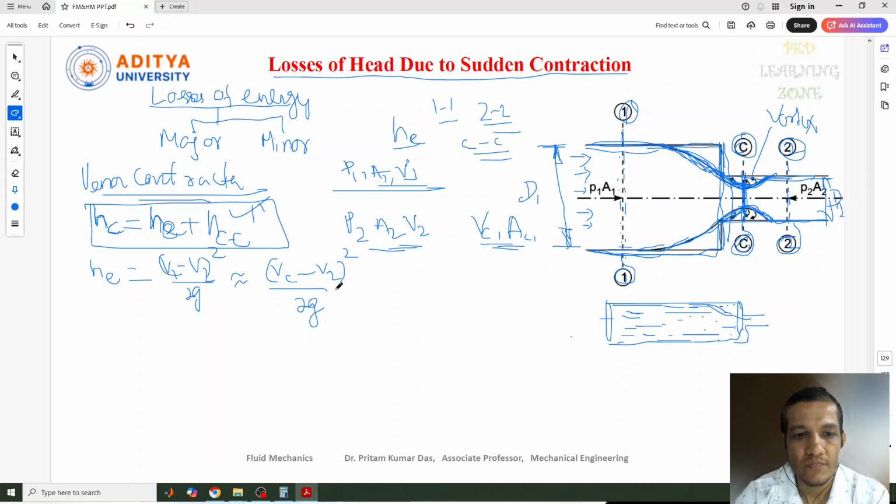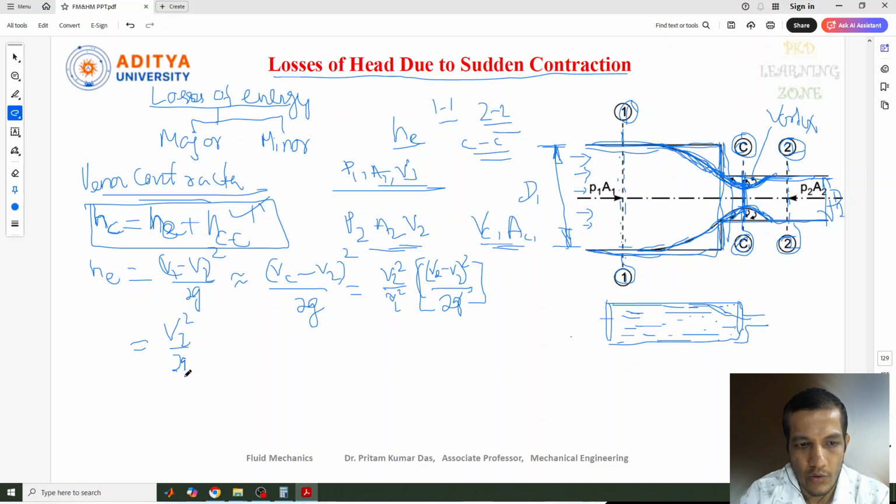So this is what we'll do. Again, I'll multiply V2 square in the numerator and divide by V2 square here. Again, we start a bracket: (VC minus V2), this is square, and 2G outside. Now take V2 square inside the bracket, 2G outside, so you can write V2 square by 2G, and here we write the total (VC minus V2) by V2 whole square.